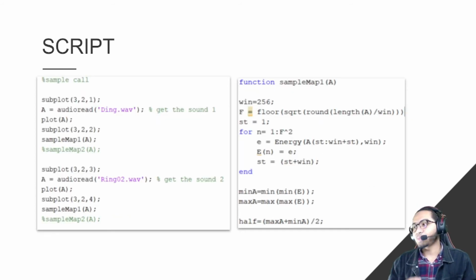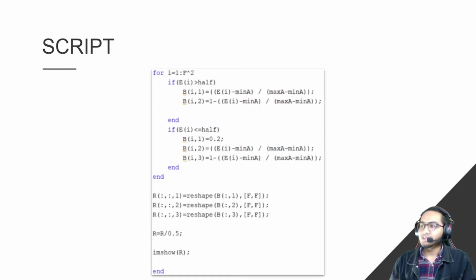So this is the script that I have written. The first script is the sample call, and the second script is within the functions that I've used. This is the continuation of the script of the functions.